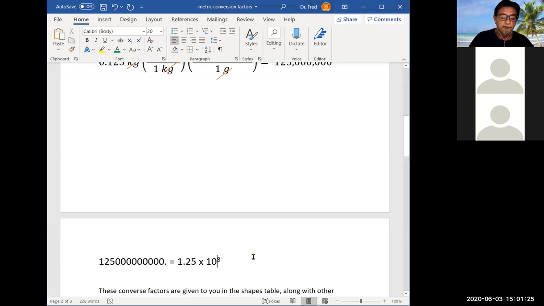So that number would be 10 to the 11. Yes, Paola. So for large numbers, wherever the decimal point is, you go from right to left.